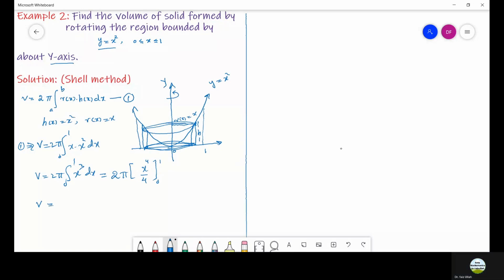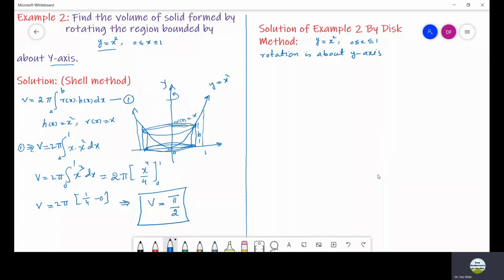Simplifying further, 1⁴ is 1, so 1/4 minus 0, and from this we get V = π/2. So that is the required volume of the given solid, which we create by rotating the curve.